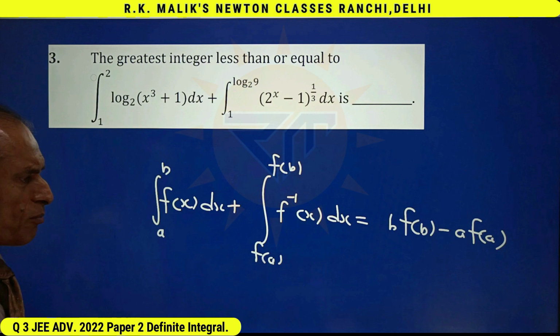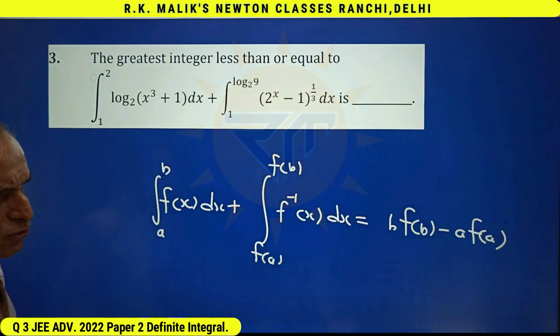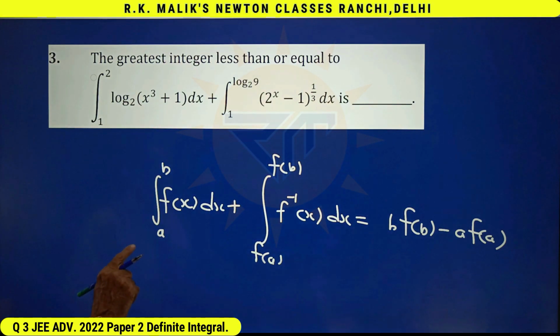We can prove this formula geometrically and mathematically also, but presently I am not going into the proof of this formula. I just say that if you don't know, remember it. Otherwise, when you have prepared for advanced level, this formula must be known to you.